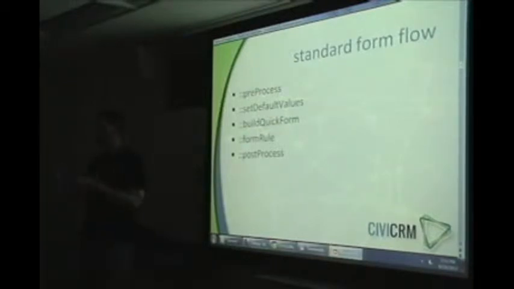Like if a certain form is dependent upon some other record in existence, then it will go and check that. So anything like that needs to be checked and confirmed before I even load the page, that happens in pre-process. Then we have set default values, which goes and retrieves data from the database if the record already exists.